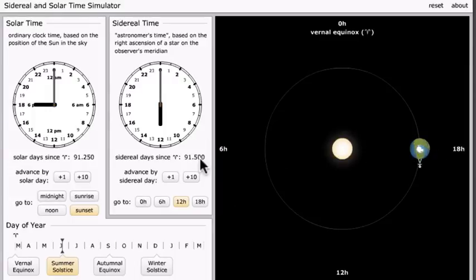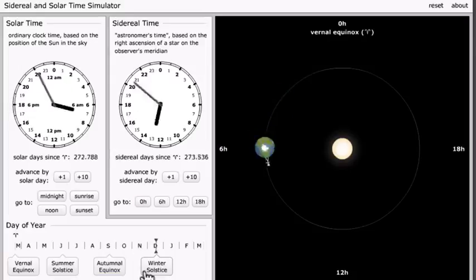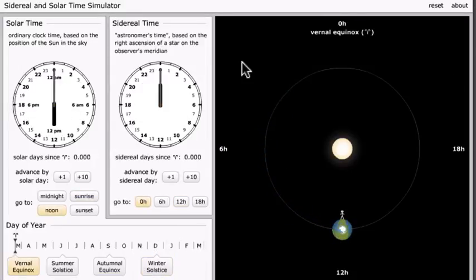The Sun's right ascension is now 6 hours, and furthermore, 3 months later, the Sun's right ascension is 12, and 3 months further on, it is 18 hours, and after a complete rotation, the Sun will have made a complete circuit of the celestial sphere, moving to the east in the direction of increasing right ascension, so that the Sun's right ascension goes through a full 24 hours in the course of a year.